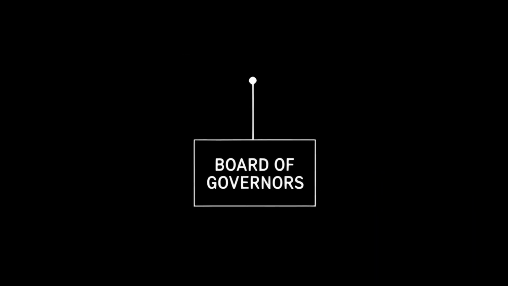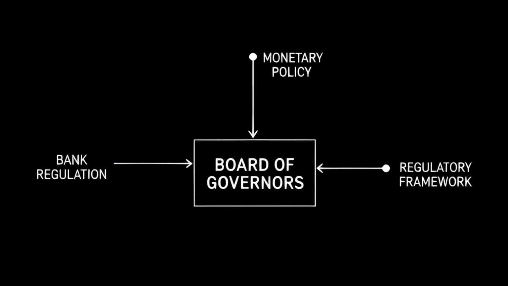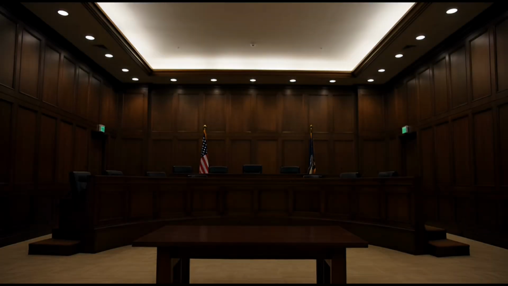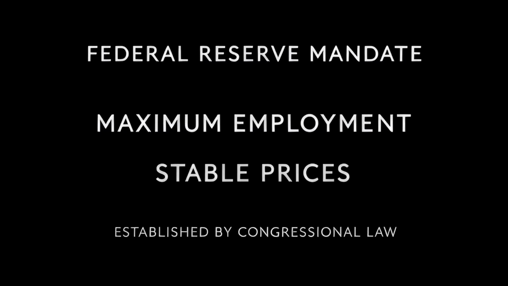The board sets monetary policy, regulates banks, and issues the regulations that govern the entire banking system. The Federal Reserve Chairman testifies before Congress and answers to elected representatives. The system's mandate, maximum employment and stable prices, was set by Congress through law.